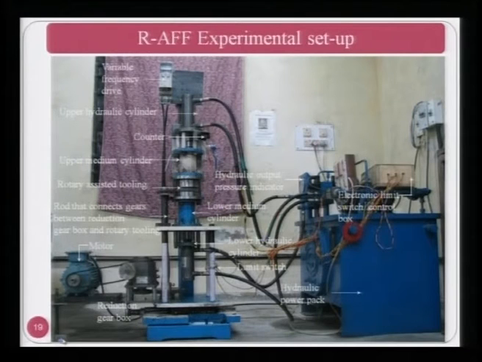Now, this setup was very similar to what I had shown to you in the very first slide after the contents of this particular talk. The basic difference is that here you have a device over here. This device is capable of rotating the workpiece internally, and once the workpiece is rotating, there will be two motions.